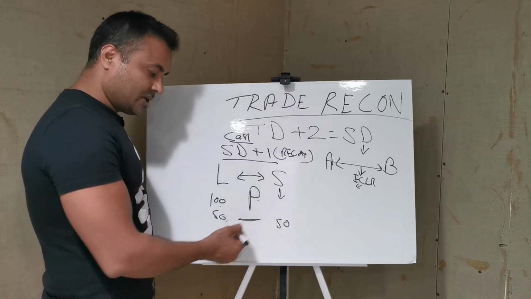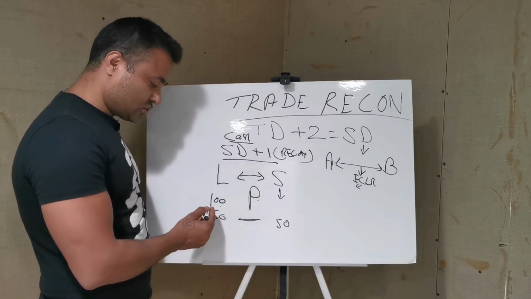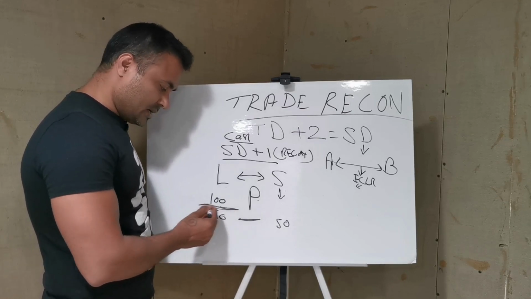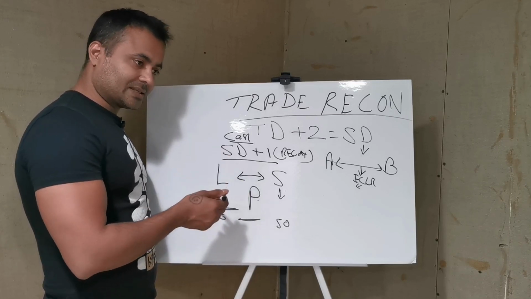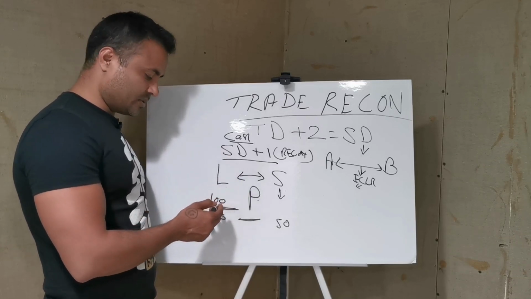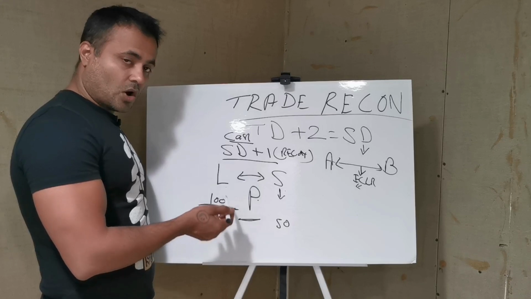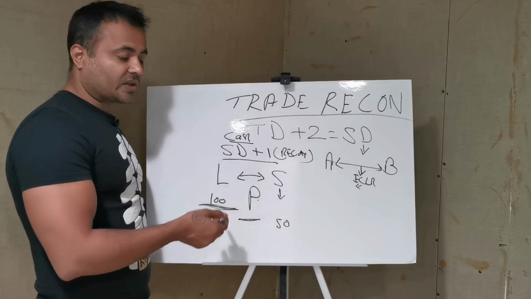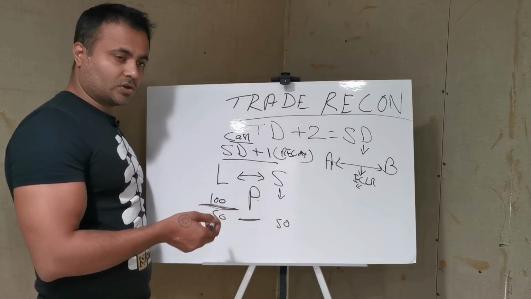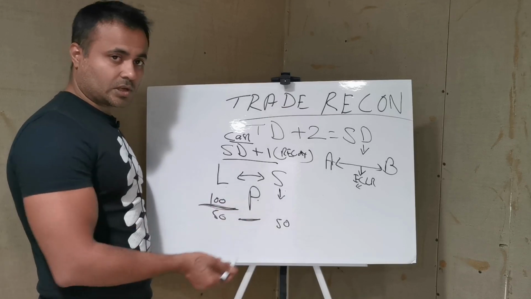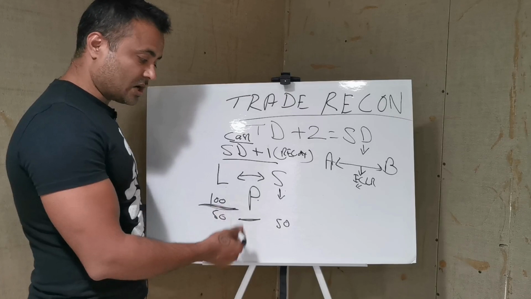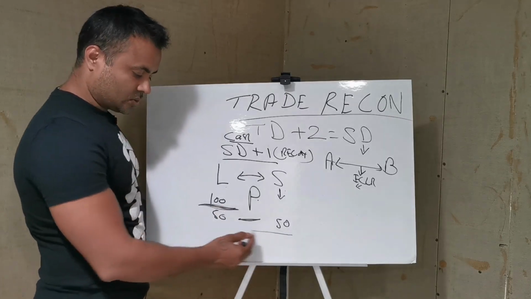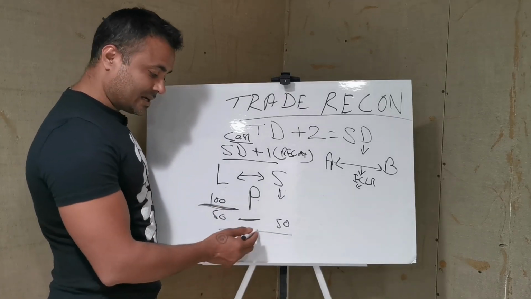Then you can match those entries, but the settlement of this 100-share trade will definitely get fixed by the desk, that we were short and delivered only 50, or they will reach out to other desks like stock loan or anyone to borrow the 50 shares and deliver them to the counterparty. But if it doesn't happen, if it happened only partially, then you need to match those partial entries and clear your break.